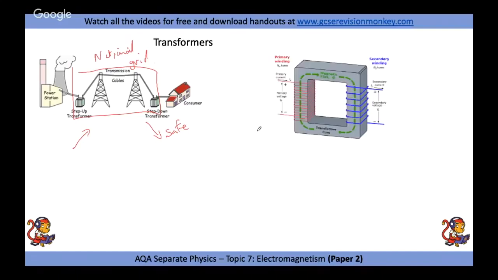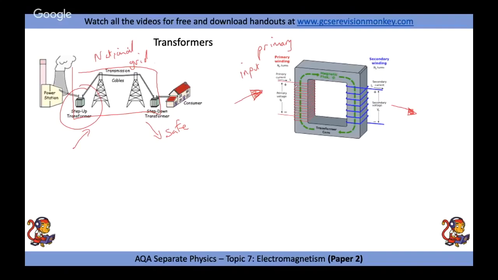Now, if we look at the transformer in a bit more detail, we've got a primary side. That really just means an input side, where if it's here next to the power station, this will be where the electricity from the power station comes, and this is it being sent to the cables.